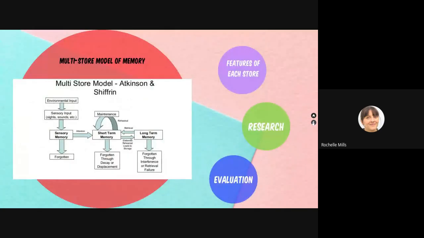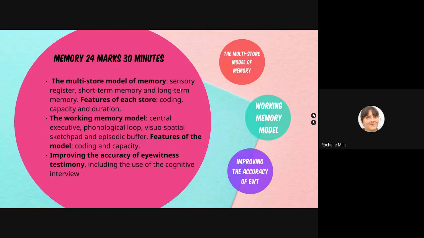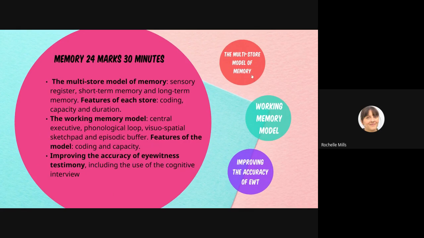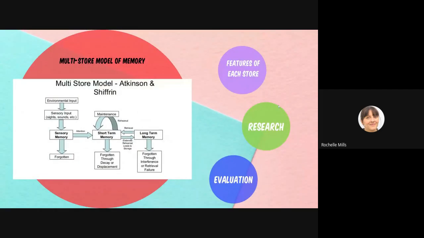So you need to be aware of the model of memory itself, so how it works, and the sensory register, short-term memory and long-term memory, the features of each of these stores, so the coding, capacity and duration of the sensory register, short-term memory and long-term memory, and you need to be aware of the research that supports all of this.